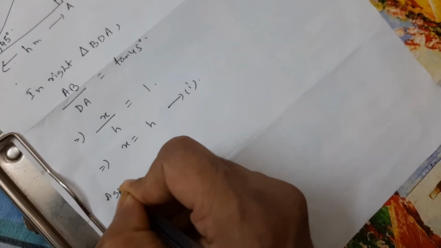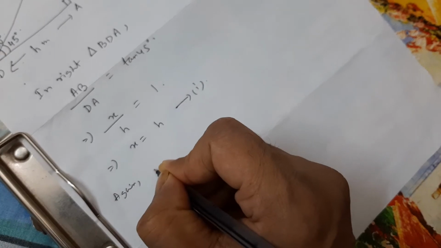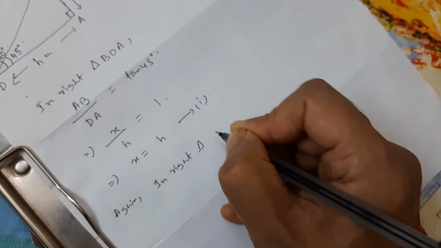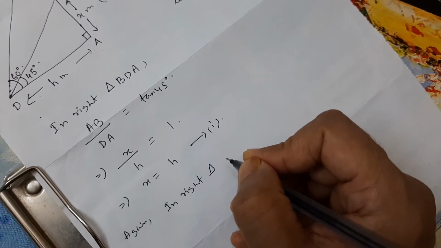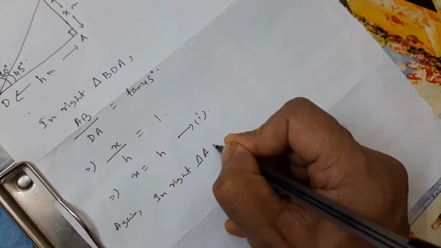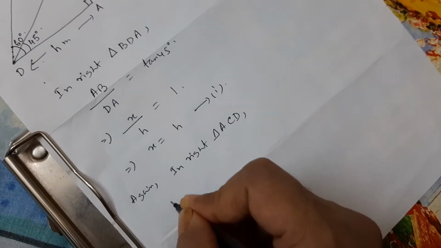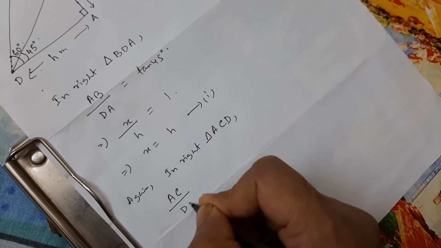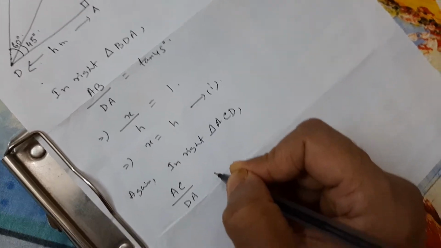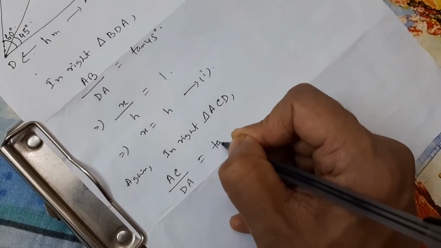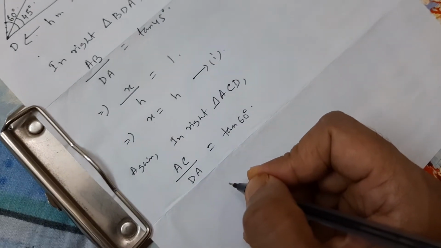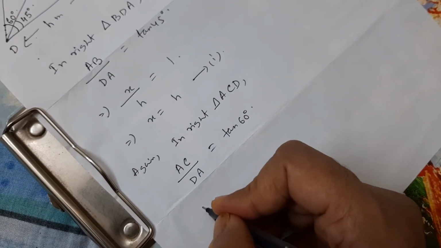Again, in right triangle, total triangle, that is ACD, perpendicular is AC and base is DA. So perpendicular by base, that is tan 60 degree, total angle.